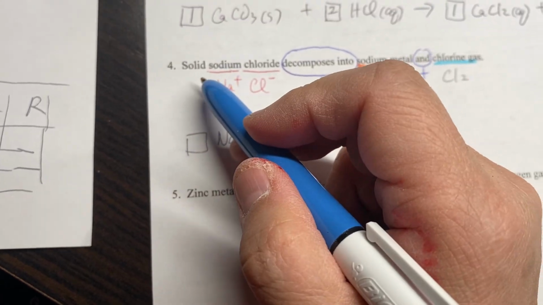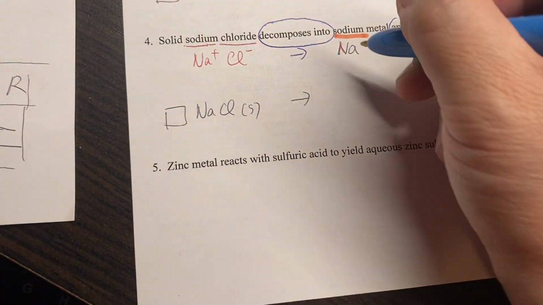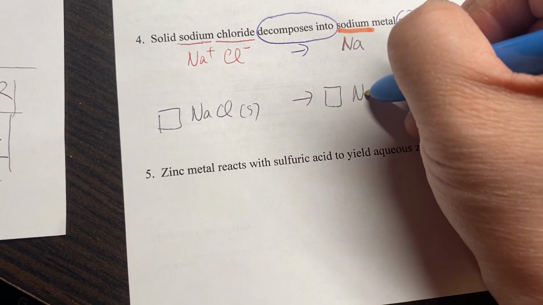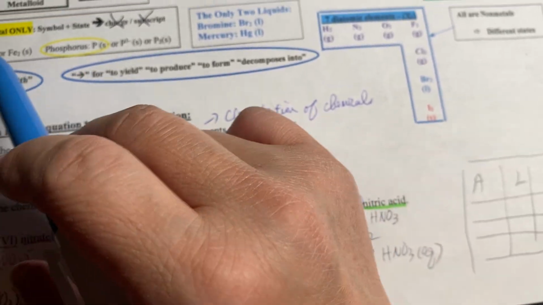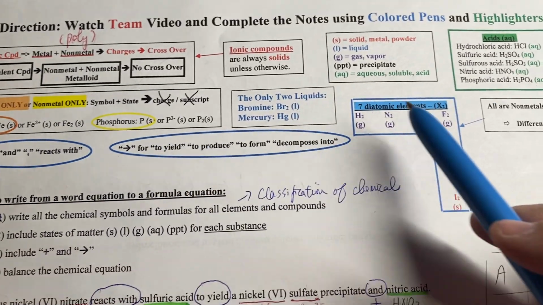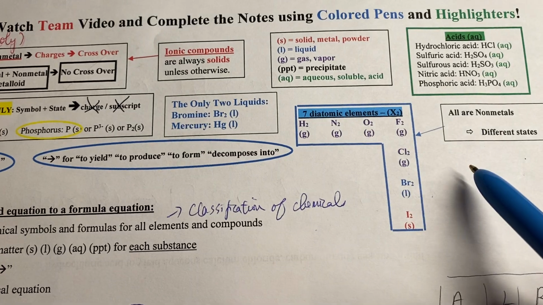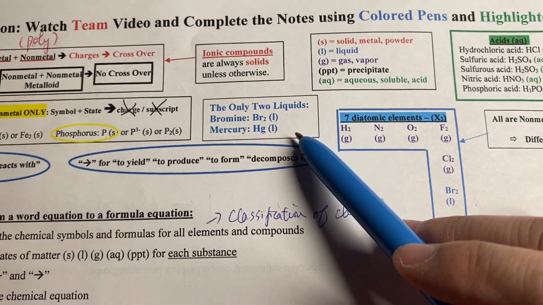NaCl, and it says solid. Follow, arrow, box, Na. Now we say that metals are always solid, except like mercury, or they tell you something else.